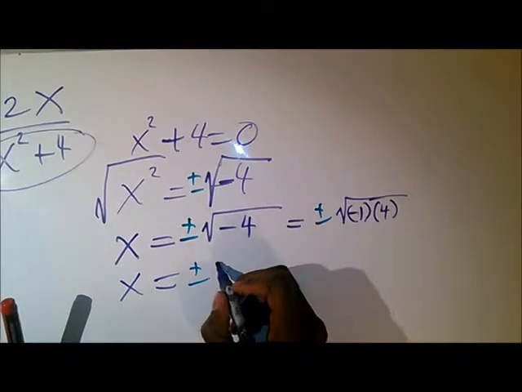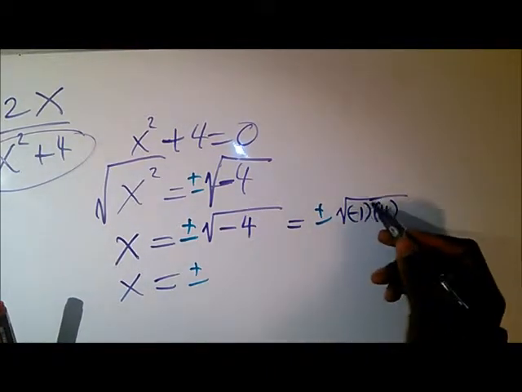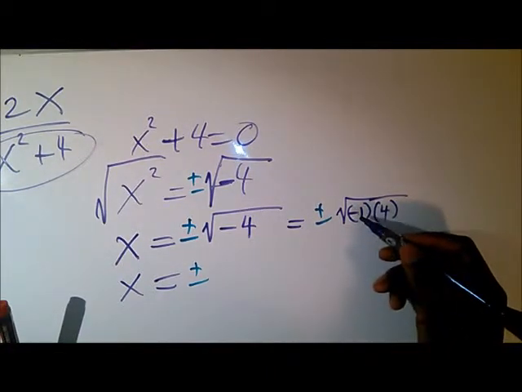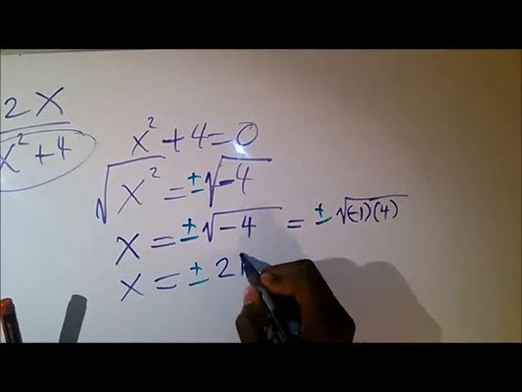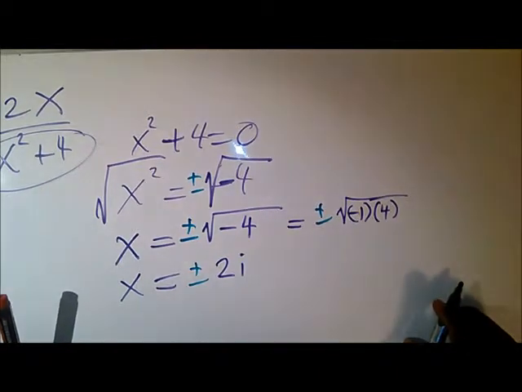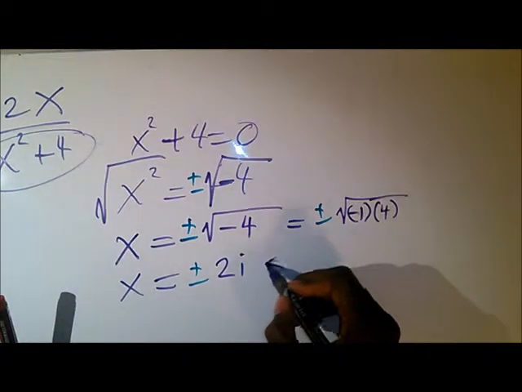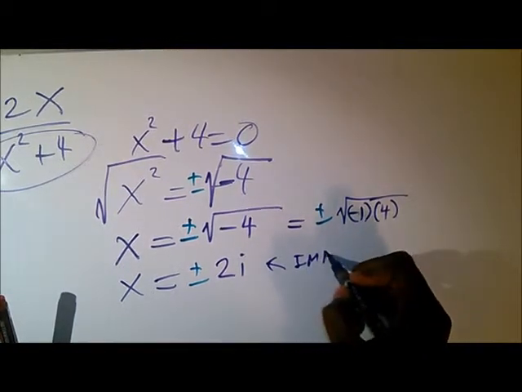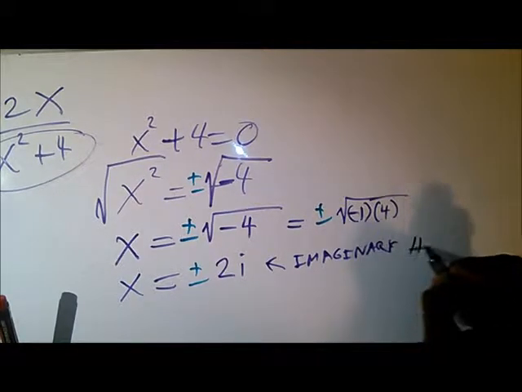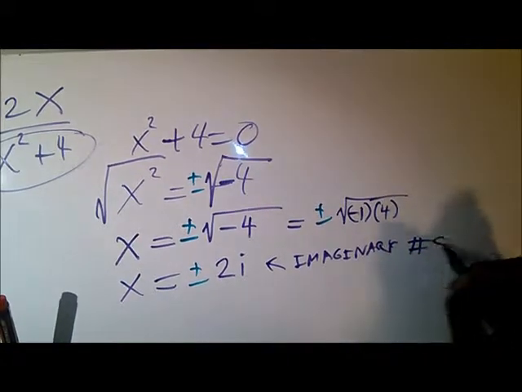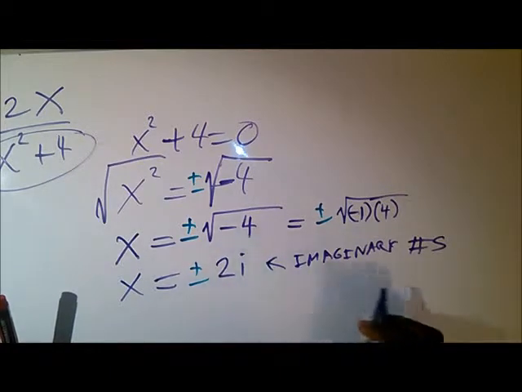That's something you have to remember: anything inside the square root that's negative 1 gives i. So x equals plus or minus 2i. That's the answer. This is an imaginary number.